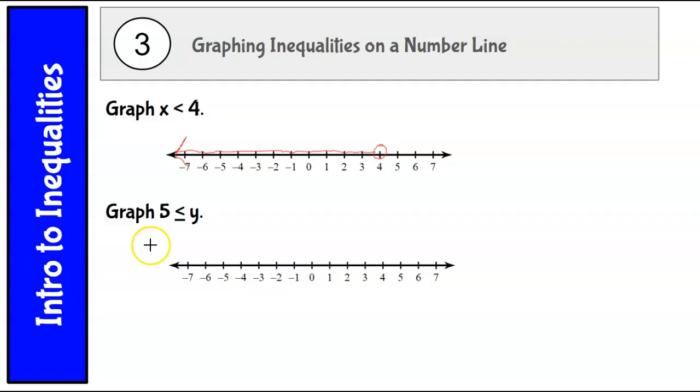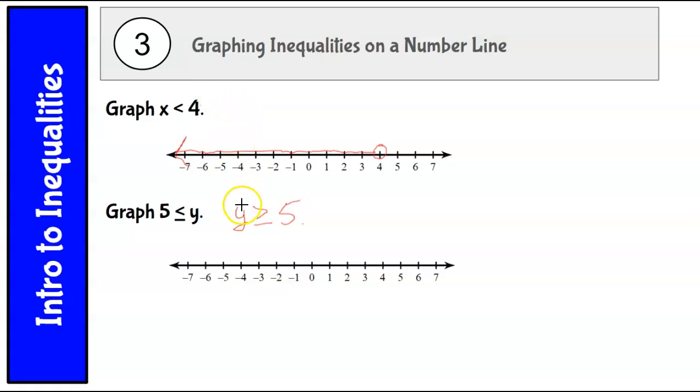Now you remember I said the rules only work when the variable is on the left. So this one, the arrow is not going to go this way. It's actually going to go this way. And the easiest way to do that is to flip this all around so that you can follow those rules. So I'm going to start with y, and then I'm going to flip this to greater than, and then 5. So the alligator is eating the y, so when the y is on the other side, it should still be eating the y.